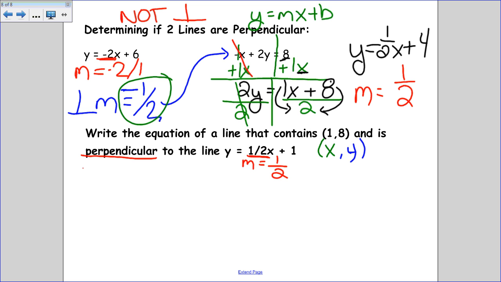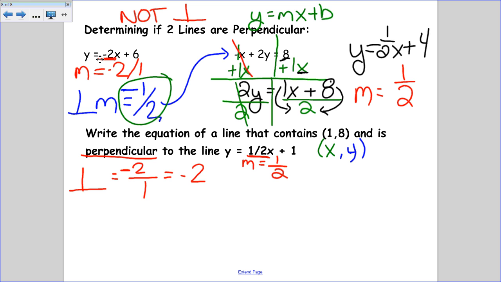So for a perpendicular line, we need to take the slope and flip it. So 1/2 is 2/1. Then you take the slope and do the opposite. The opposite of positive is negative. So our new line needs to have a slope of -2/1, or we could just say -2.